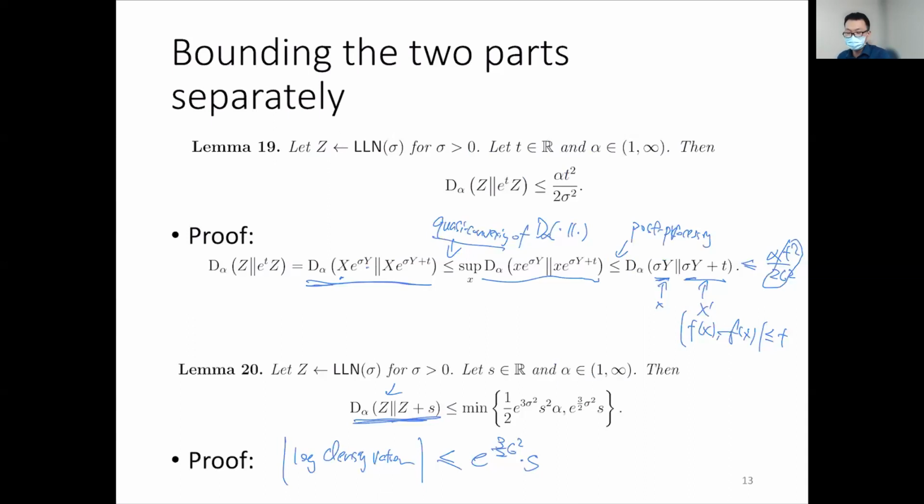Having this e to the power of sigma y, when y is a Gaussian, complicates the analysis a little bit, but the idea is just to show that the log density ratio is smaller than a constant. And with that bounded, the Rényi divergence is straightforward. Since this is always bounded, you can take alpha to infinity, and this is an upper bound of the pure DP parameter, or the Rényi divergence parameter when alpha is infinity.